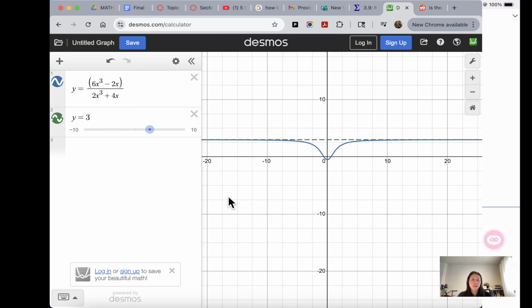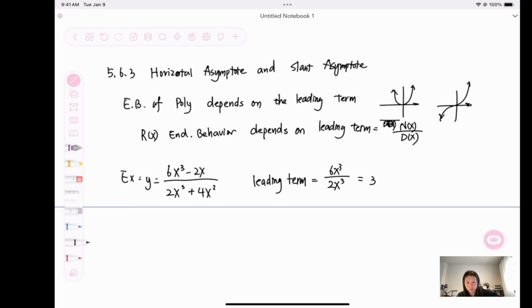When we're talking about the end behavior, meaning that as x approaches infinity, such as approaching to the right, where does the y go? y goes towards 3. And then as x goes to the left, which is negative infinity, y goes to 3. Really trying to approach 3.